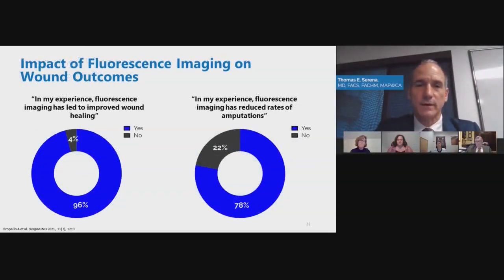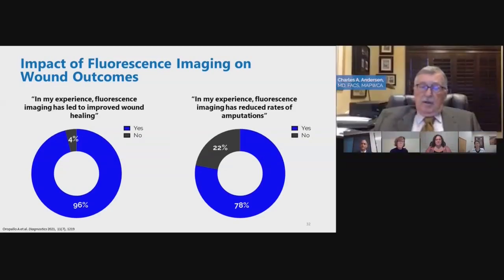I found most people thought that it improved wound healing, but a large number thought that it would reduce the rate of amputation. And Chuck, you mentioned that you're in a limb preservation center. Would you agree with this statement? Absolutely, Tom. And again, I go back to that proactive versus reactive treatment.